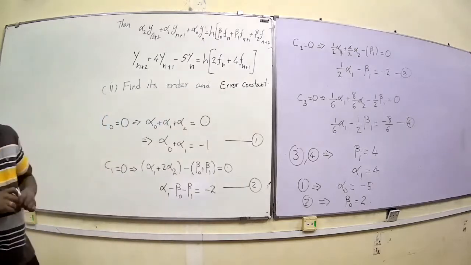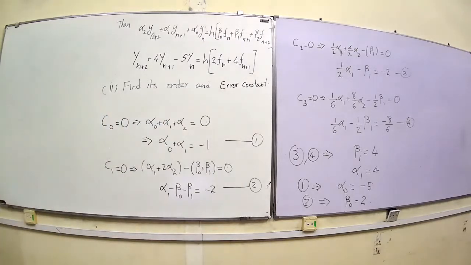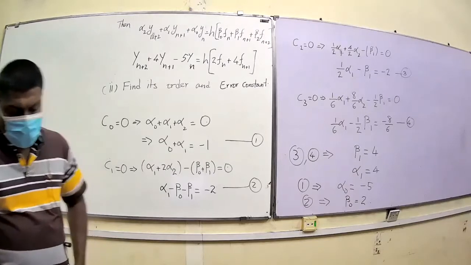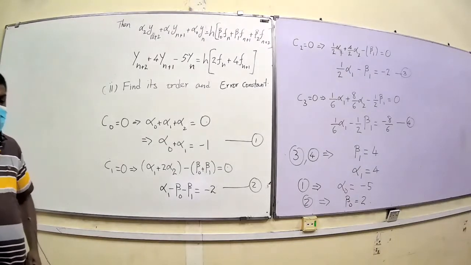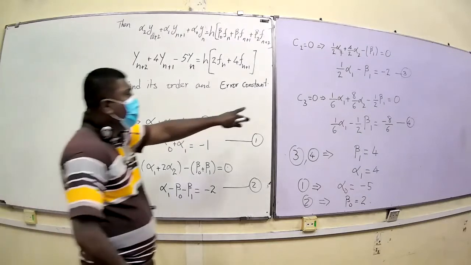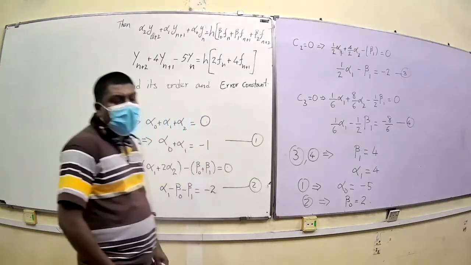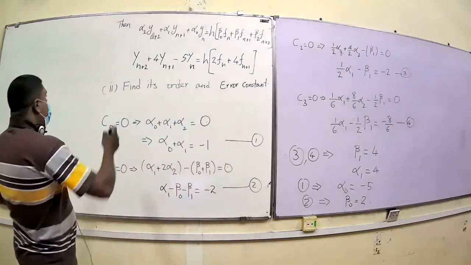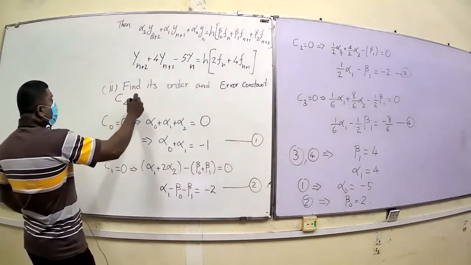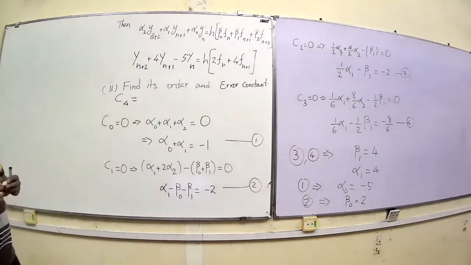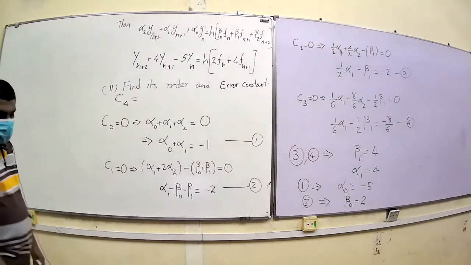So you already go up to C3, C3 is equal to 0, so you will try to find C4.